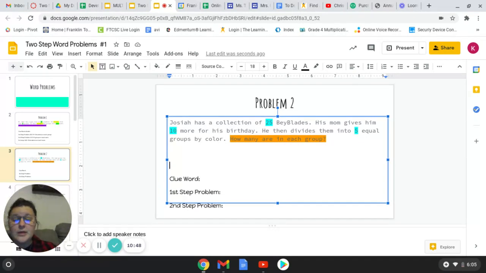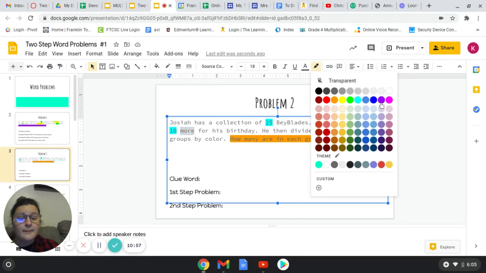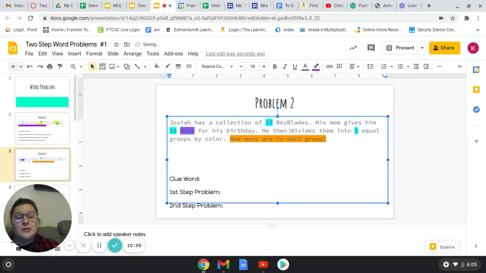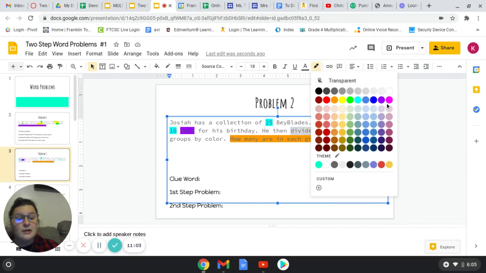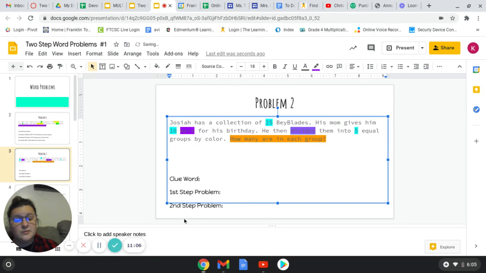So I see gives him 10 more, which tells me that I'm going to add. And then I see that word divide, which tells me that I'm then going to use division. Okay, I don't really need to eliminate information. I need all the sentences in here.